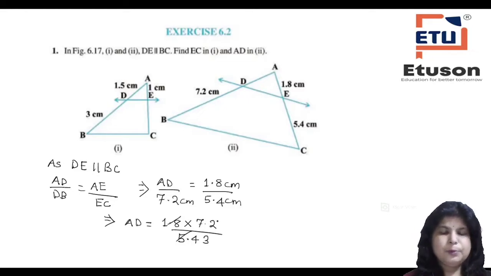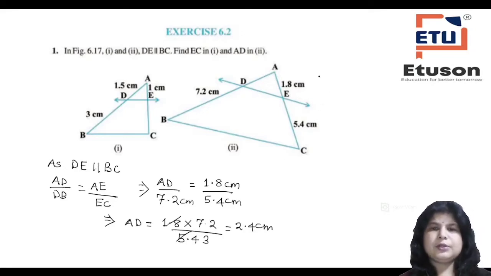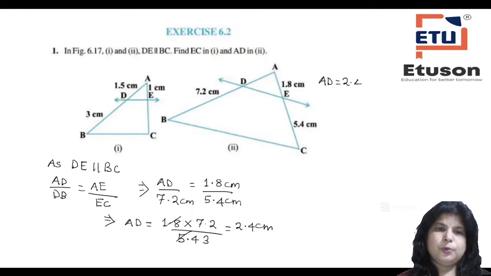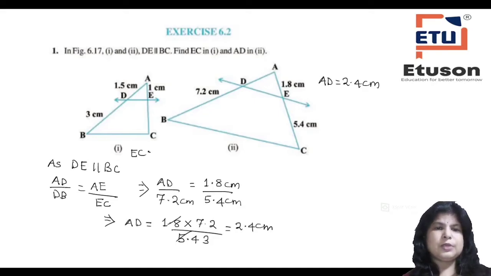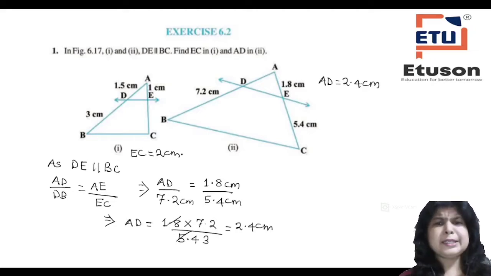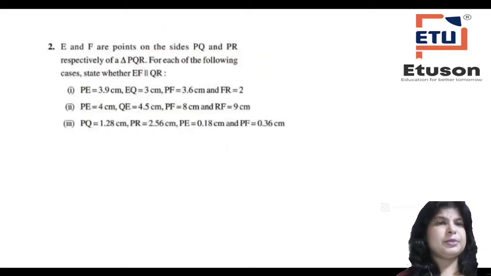So 7.2 divided by 3, that is equal to 2.4 centimeter. Correct? So your AD is equal to 2.4 centimeter. And here what you had got for EC? So EC was found out to be 2 centimeter. Correct? Correct children? It was so easy. So now let us go to the question number 2.